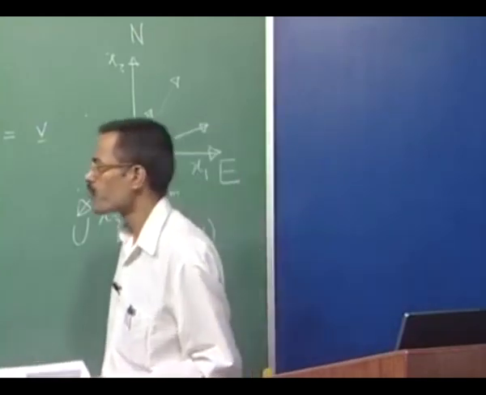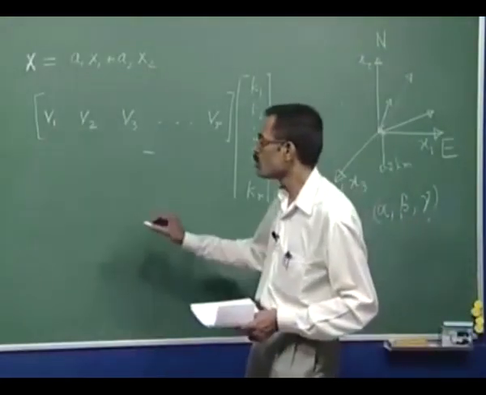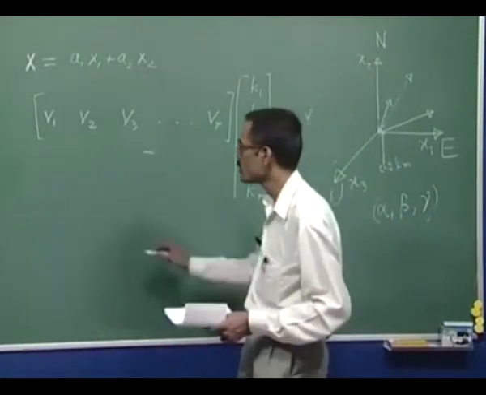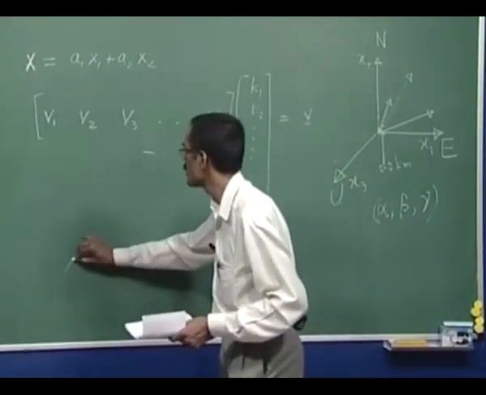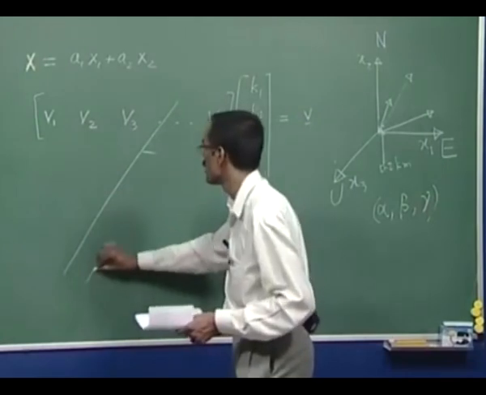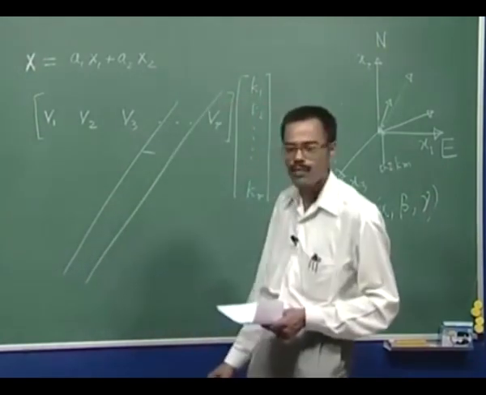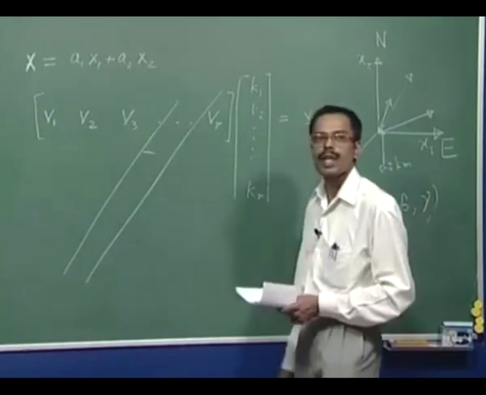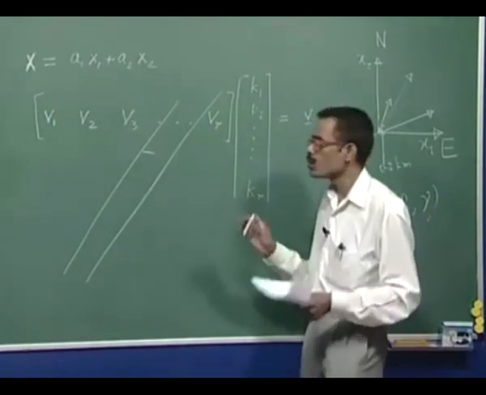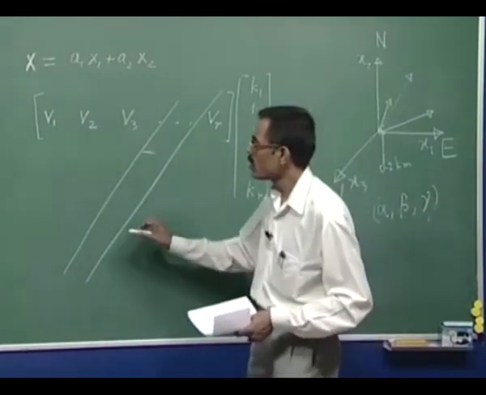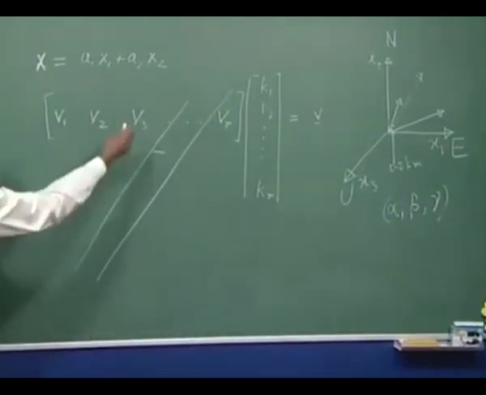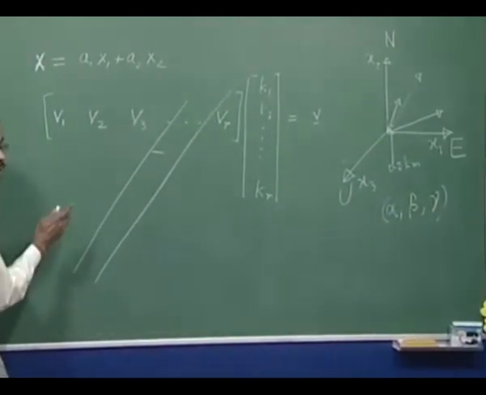For example, if you want to prescribe locations on a road, how will you do it? Suppose this is the road, and you want to describe points on this road. It will not help to describe the distances along north and east.